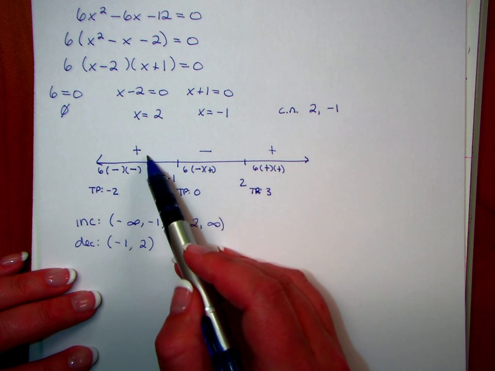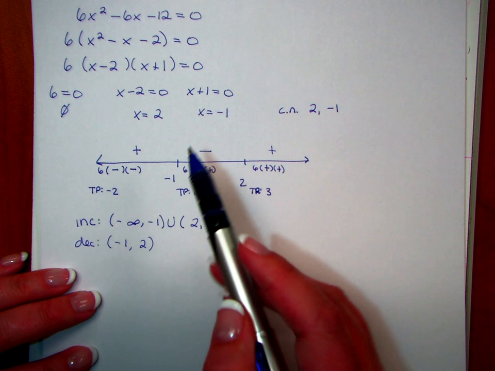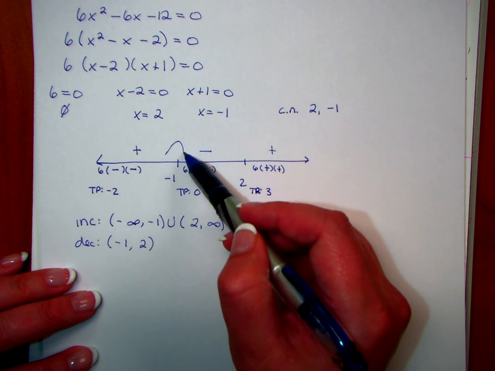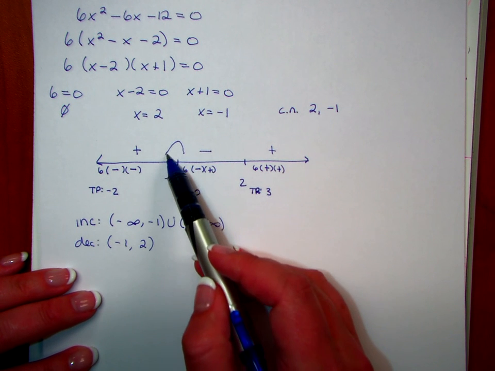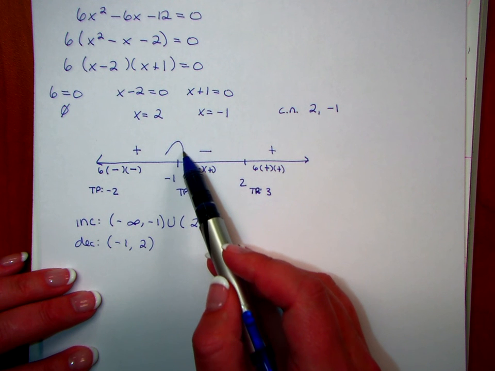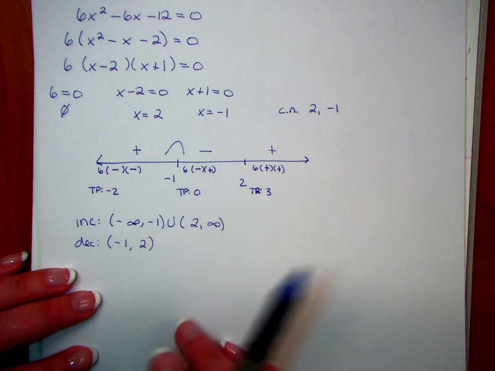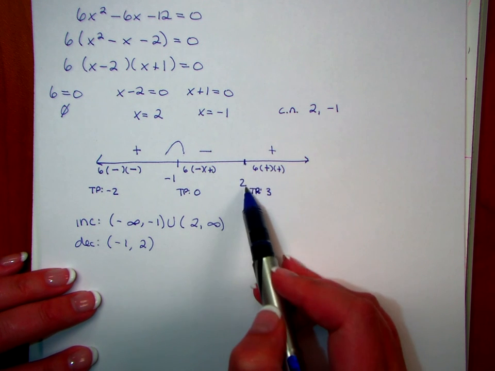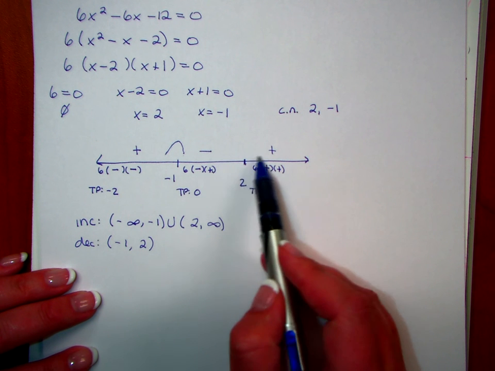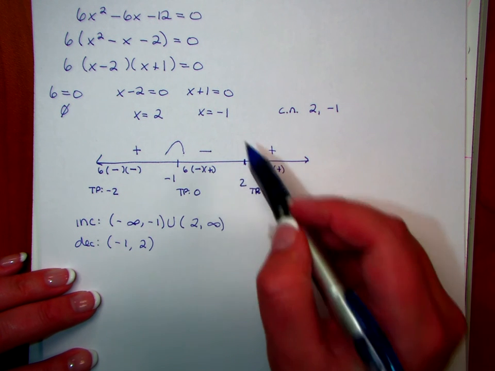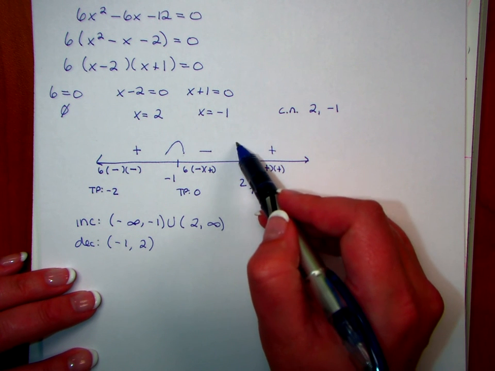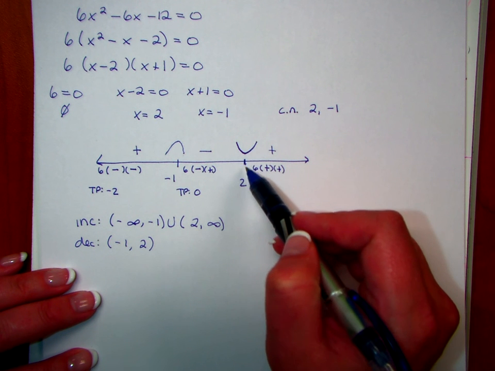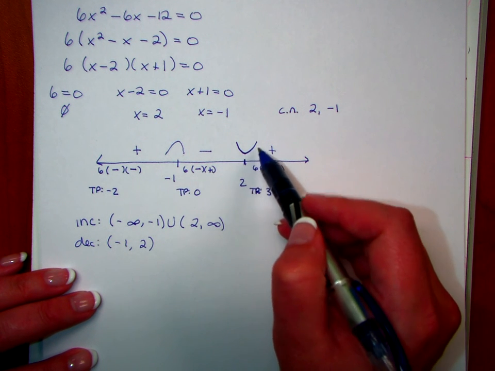If it's changing from positive to negative, that means the function is increasing and then changing to decreasing. So notice when you go from an increasing function to a decreasing function, you get a little max. And then at 2, the derivative is 0 at 2, but at 2 it's changing again. It's going from negative to positive. So if the derivative is negative, then it's decreasing on one side, and then it's increasing on the other. So at 2, we have a local min.